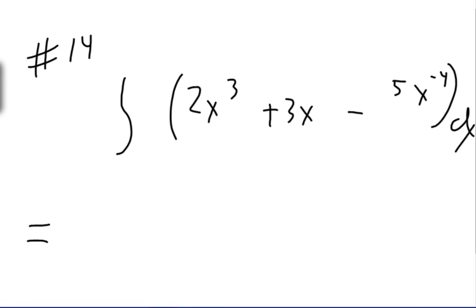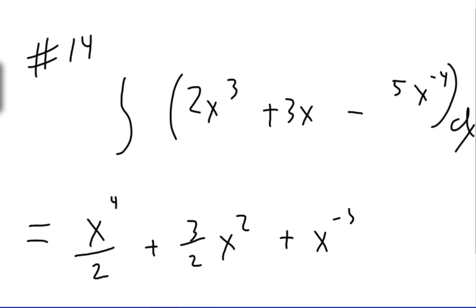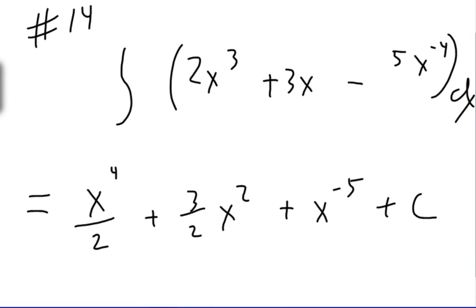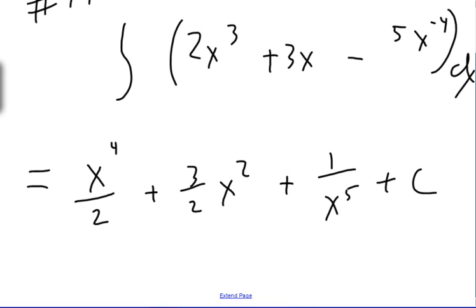Sorry about that. x to the 4th over 2 plus 3 over 2 x squared plus x to the minus 5 plus c. Oh gee, if I had just rewritten this guy right, I wouldn't have to rewrite it, right? 1 over x to the 5th. Oh, okay.